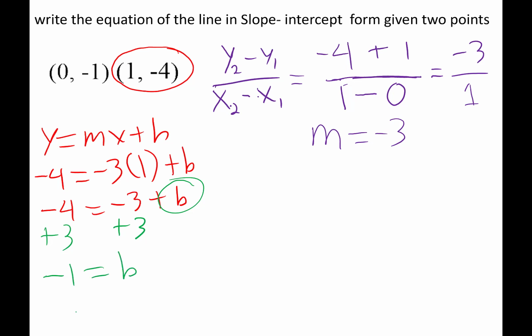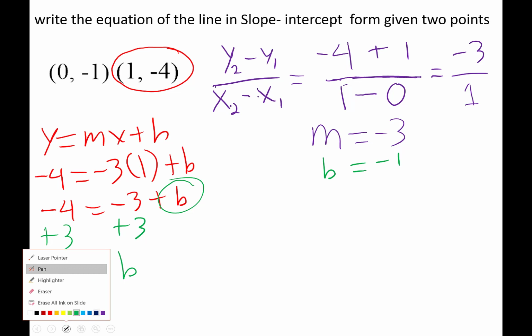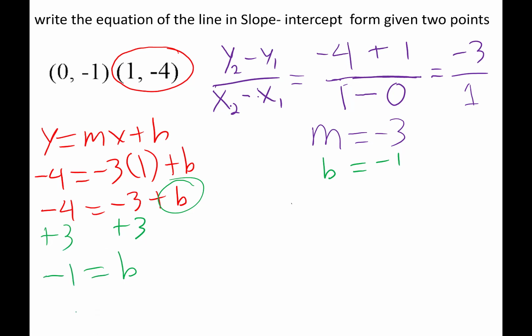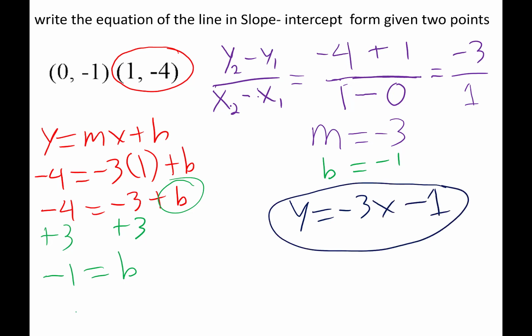So my b is a -1. Now all we have to do is plug back into y equals mx plus b. So I get y is equal to -3x minus 1. And there's my final answer. All right, and there we have it.